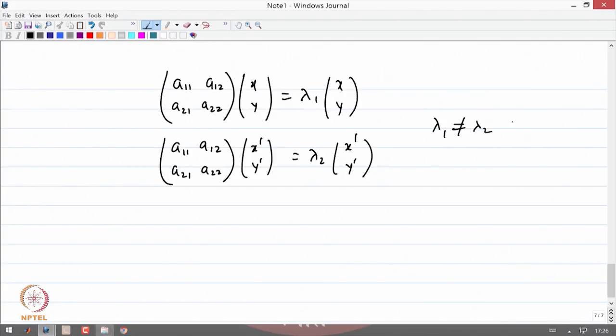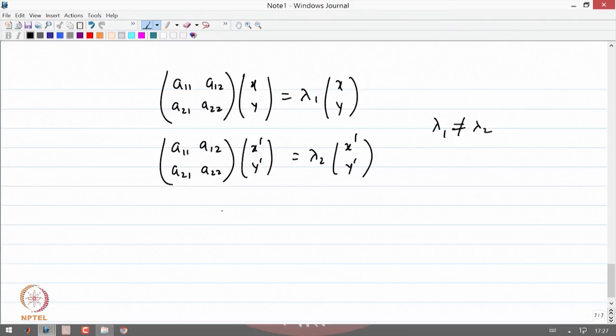And we will worry about what is known as a non-degenerate eigenvalue system. That is, the eigenvalues are all different, not equal to each other. All those other cases we will not worry about. Let us assume that the eigenvalues are different.